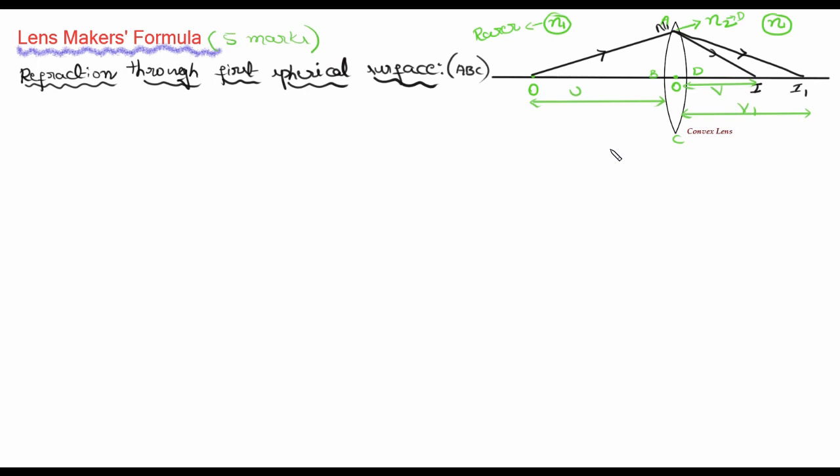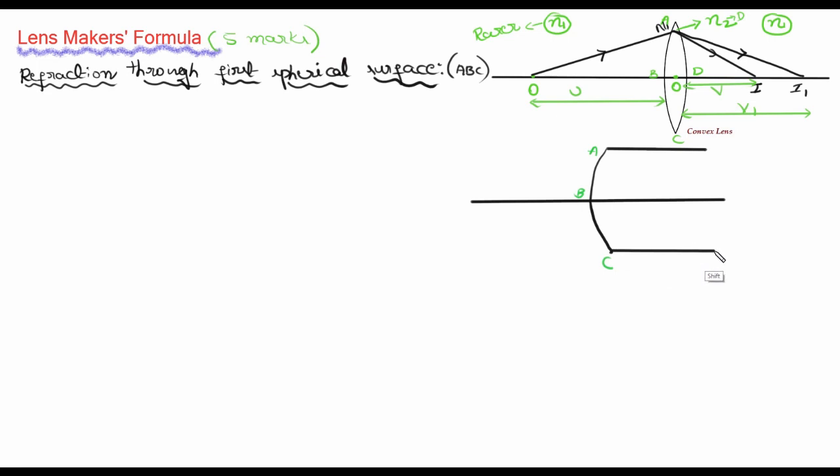Fine. Now let me consider the first spherical surface. I'll draw the principal axis for this spherical surface. I'm going to name the spherical surface. You know this is A, B and C. Like this.